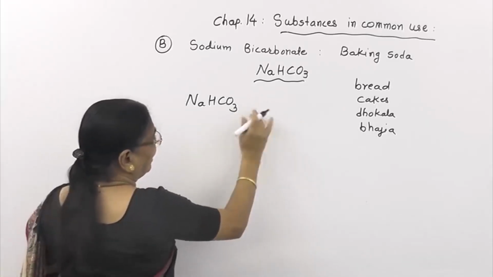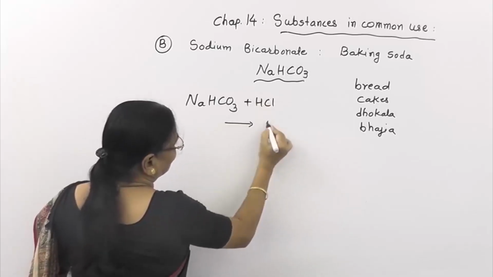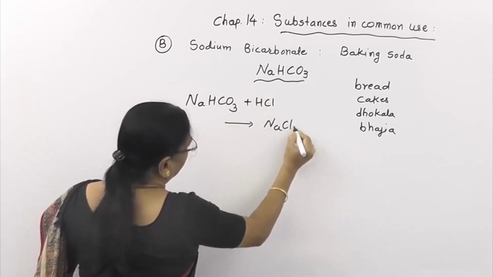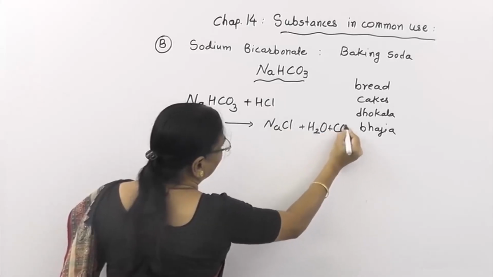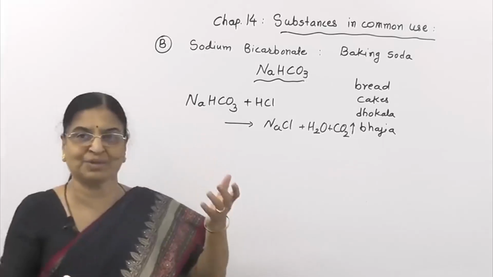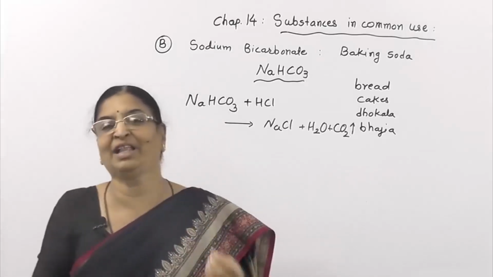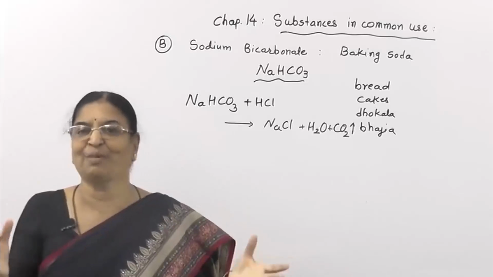So I will add some HCl and the chemical reaction will be NaCl plus H2O plus CO2. This CO2, when coming out of the substance, will form some perforations and so it will be puffed out.